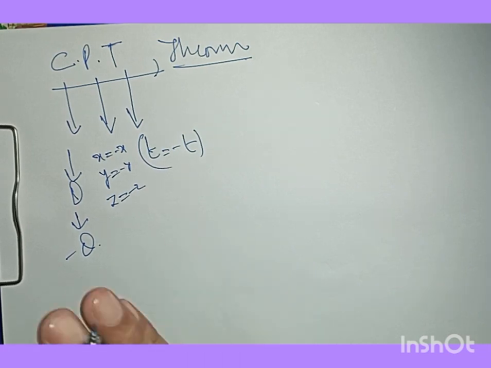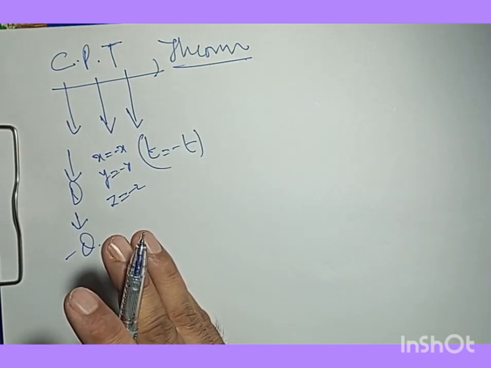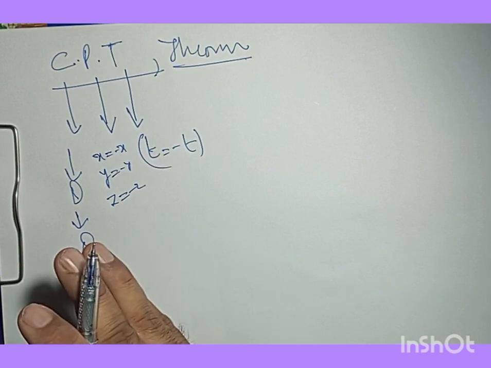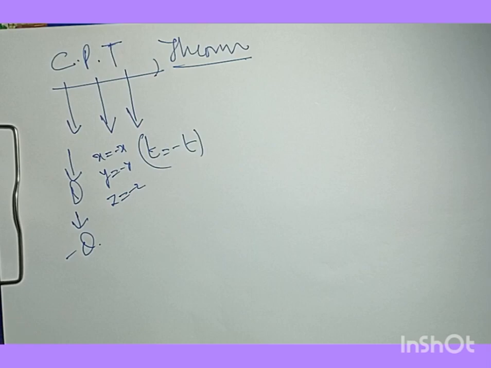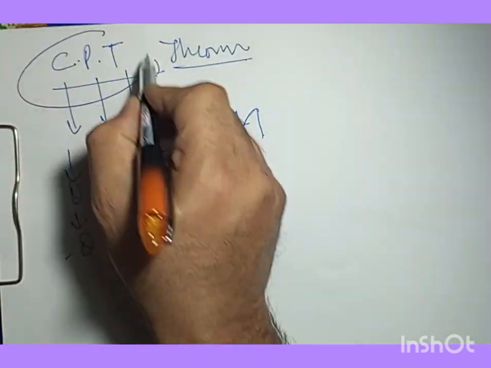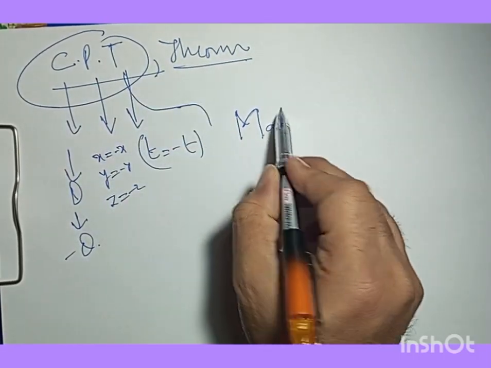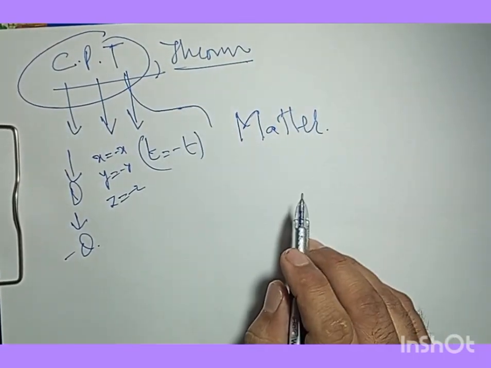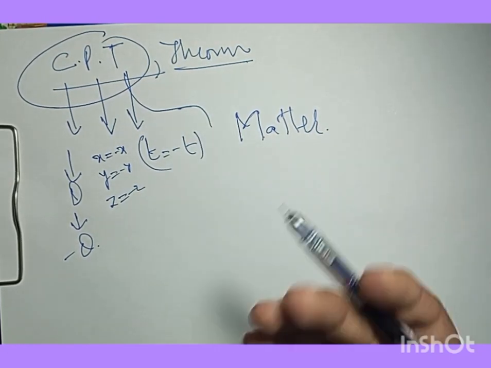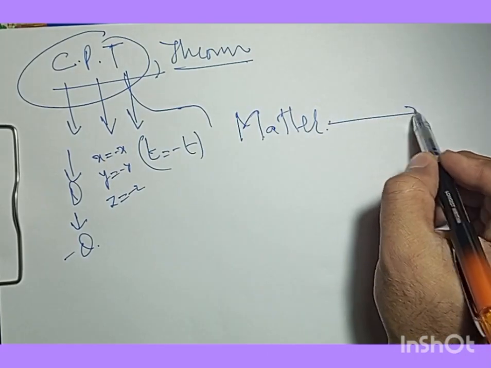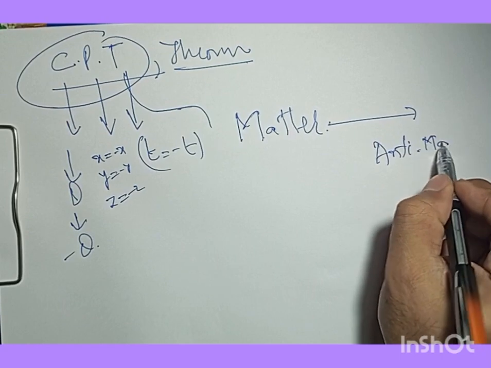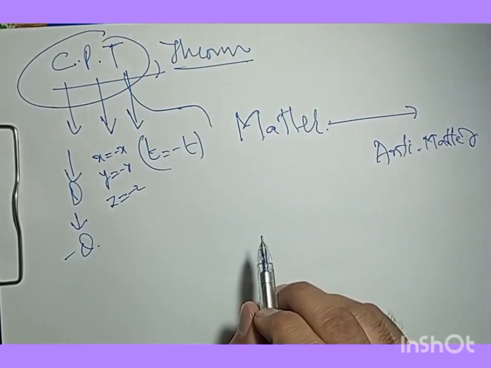If all three transformations are applied simultaneously to matter, it converts this matter into an antimatter state.